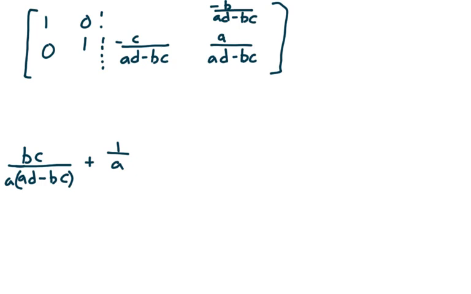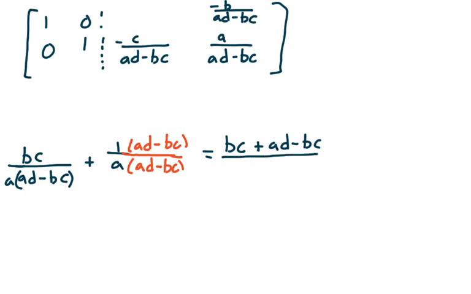Now, I need to get a common denominator. And so over here, I'm going to multiply numerator and denominator by AD minus BC. Okay? And so when I combine, I get BC plus AD minus BC divided by A times AD minus BC.